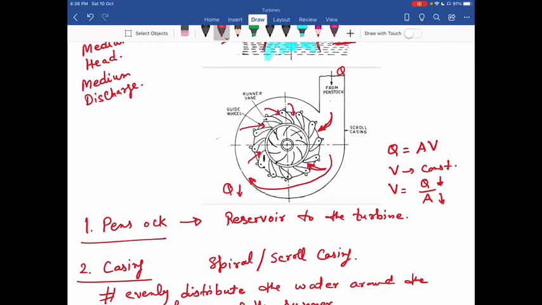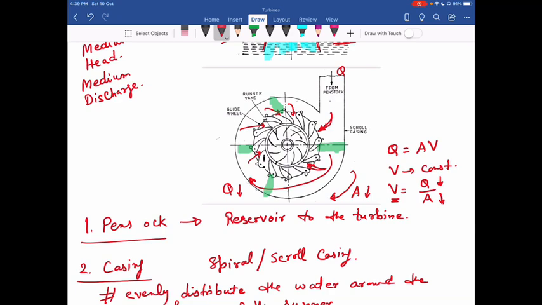Okay. So that's why this cross section, this cross section, this cross section gradually reduces when we move along the clockwise direction. Okay, this A also reduces when we move along the clockwise direction. So this is to maintain this entrance velocity constant.